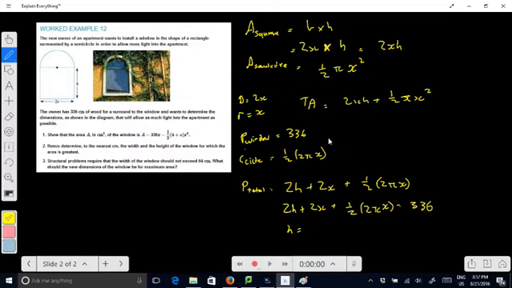If we rearrange that and solve for h, we get h is actually a half of 336 take 2x take pi x.